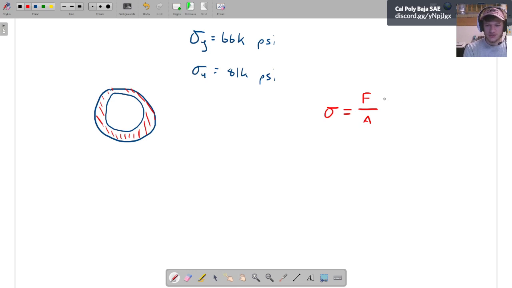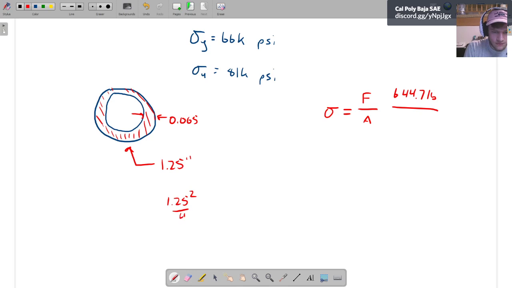So we know the force is 644.7 pounds over some cross-sectional area. Well, we know the outer diameter of this tube is 1.25 inches. We know the thickness of this tube is 0.065.